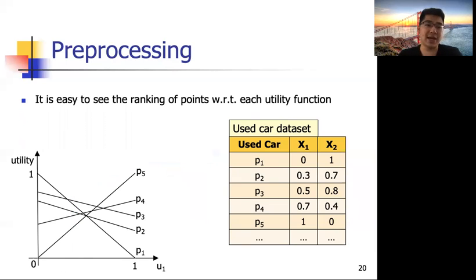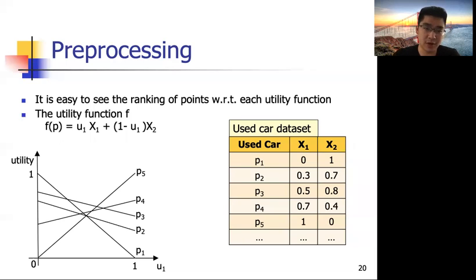In this way, it is easy to see the ranking of points with respect to each utility function in the figure. Suppose we have a utility function now. Then we just need to build a vertical line across point (U1, 0). Then we just need to check the intersections from top to bottom, and we can obtain the ranking of the used cars.